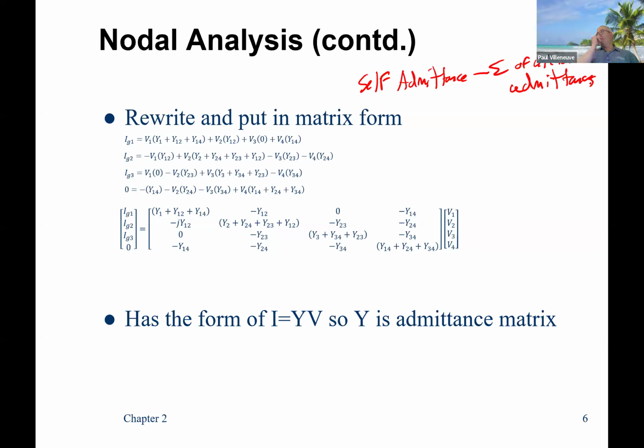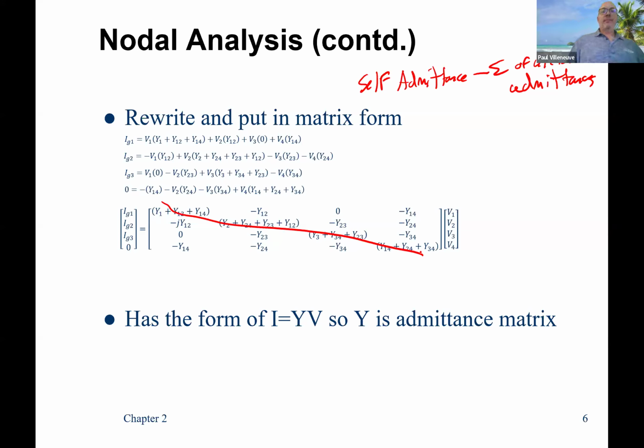And the self admittances are the diagonals. It's 1,1, 2,2, 3,3, 4,4, 5,5, and on and on until however many buses you have. So those diagonals, how you find them is you sum all the admittances that connect to that bus.